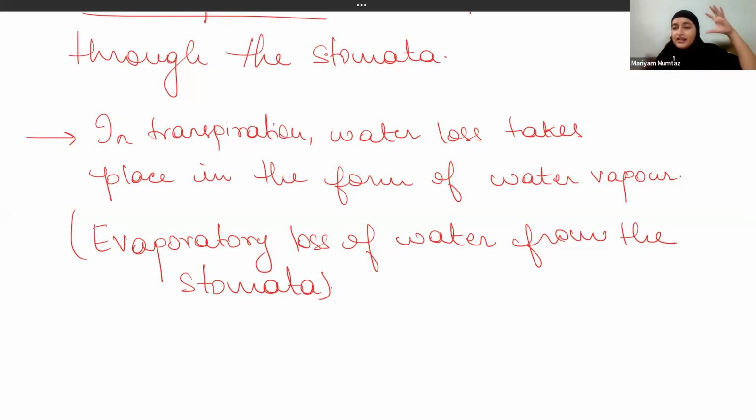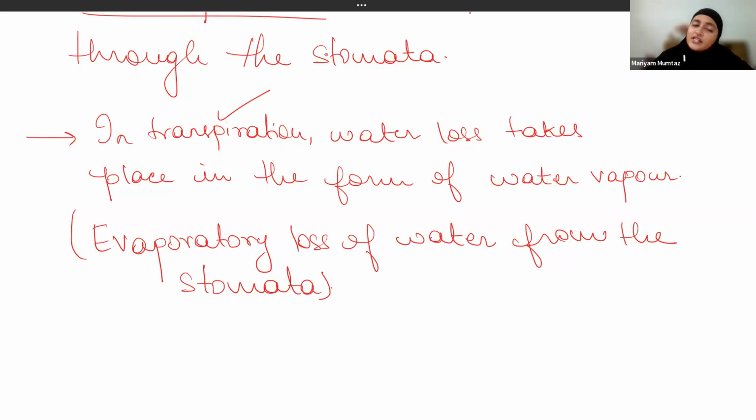When there is a lot of sun, meaning heat energy is there, the water from the stomata gets lost in the form of water vapor. So water changes into water vapor and gets lost from the stomata. This process of the loss of water is known as transpiration. Is it clear? Yes.